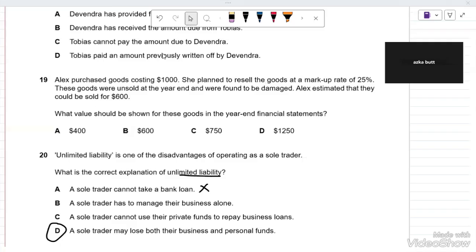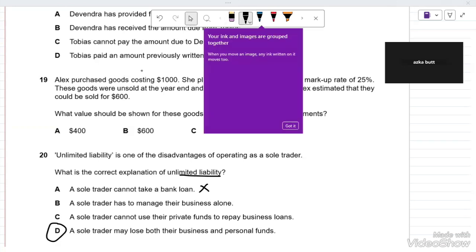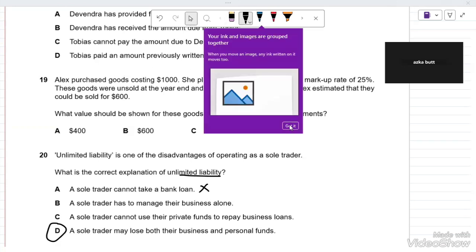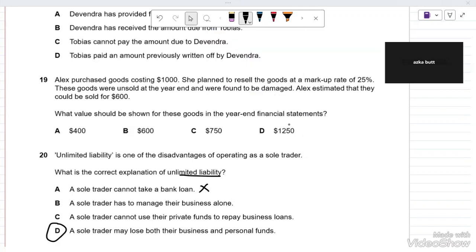Alex purchased goods costing $1,000. She planned to resell the goods at a markup of 25%. These goods were unsold at the year end and were found to be damaged. Alex estimated that they could be sold for $600.